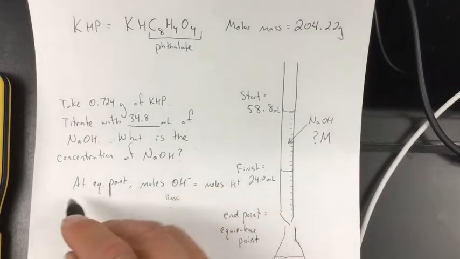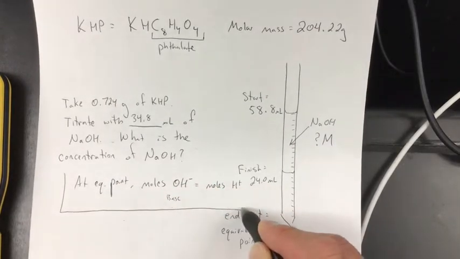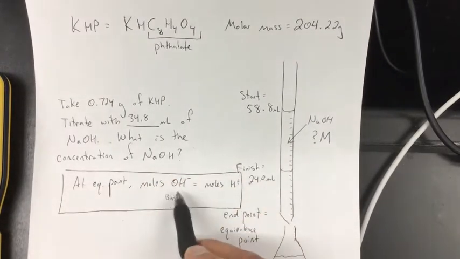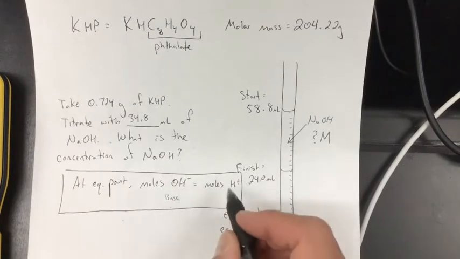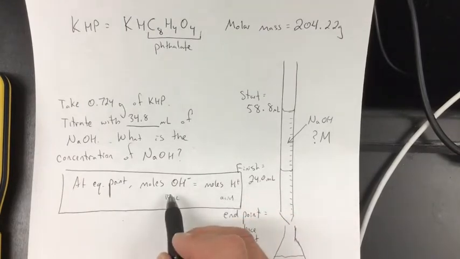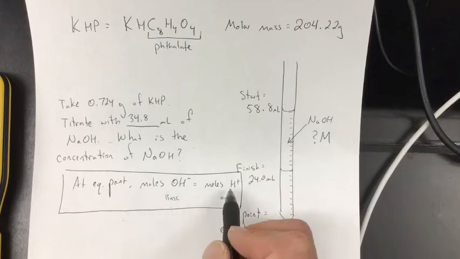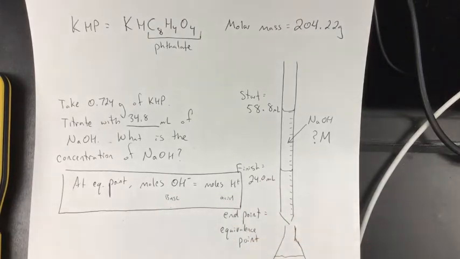Okay, so this thing here is really important. Moles of acid equals moles of base. H plus and OH minus got to be the same.